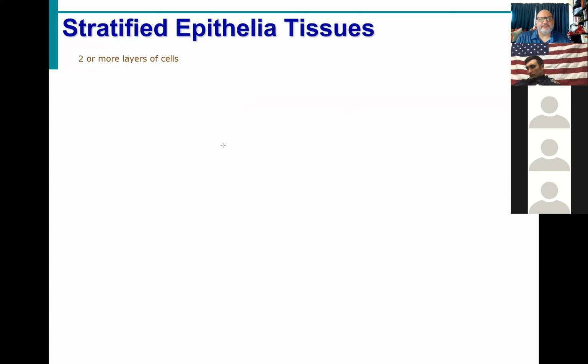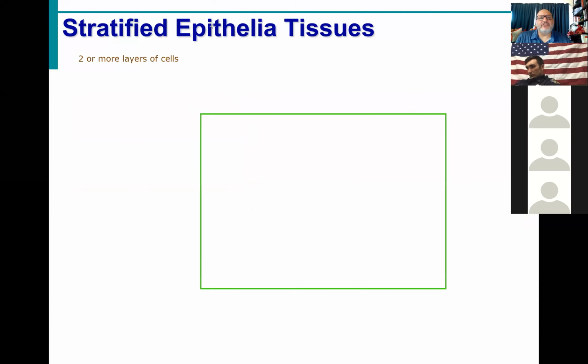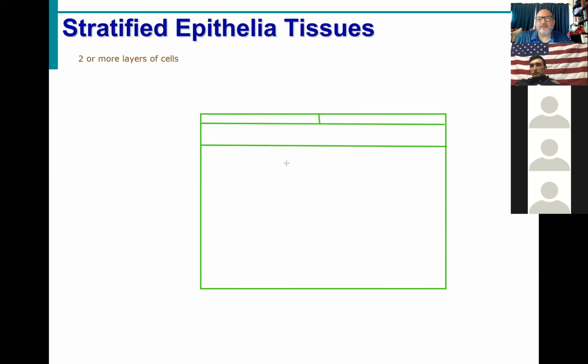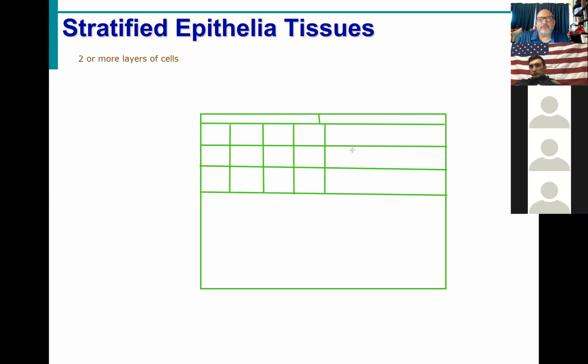But what if I have a tissue that is made up of a single layer of flat cells on top of three layers of cube-shaped cells on top of two layers of columnar cells. What the heck kind of tissue would this be?